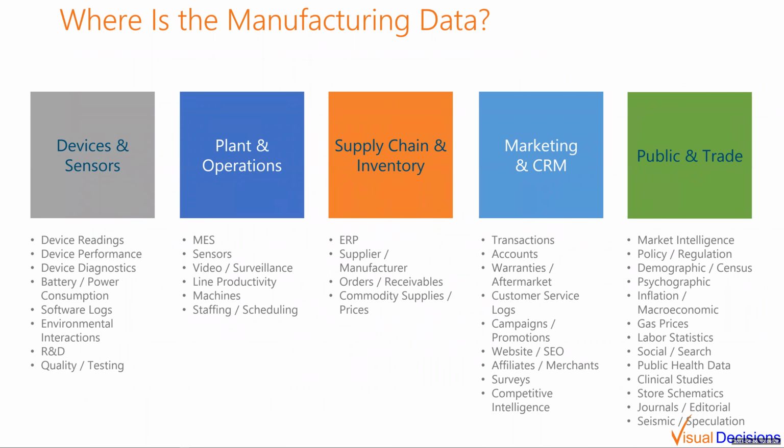If I look at where the manufacturing data comes from, certainly the devices and sensors on the shop floor are going to give a lot of information about the overall performance of the different pieces of equipment, as well as detailed information about the process variables or the tags from those PLCs as things are going.